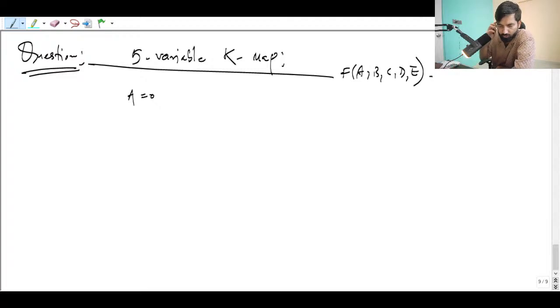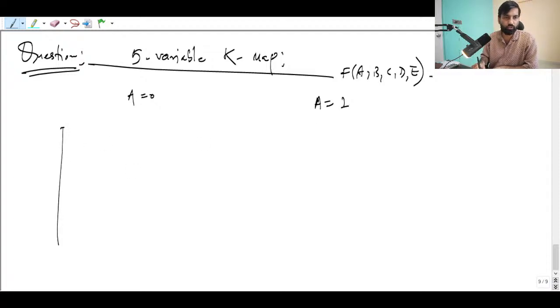I'm going to fix one variable. In the exam, they might give you a hint which variable we will be taking as 0. Any literal can take 0 or 1. Any literal, A, B, C, D, E, these are nothing but literals only. So any variable can take 0 and 1. So A equal to 0 I'm just taking here, and A equal to 1.